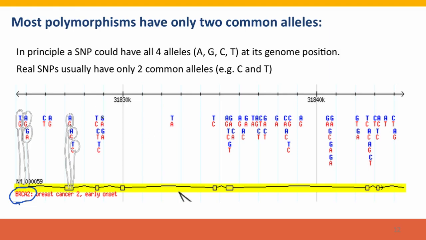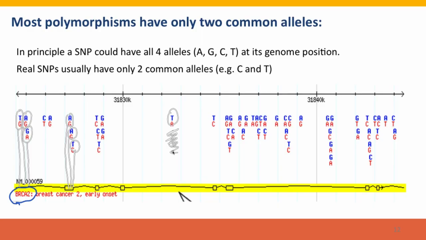Here are 5 SNPs in this exon. Here's 1 SNP in the middle of the intron. And you can see that there are lots of SNPs, both in introns and in exons, and that there are always only 2 alleles that are common. There may be rare individuals who might have a C or a G, but they're sufficiently rare that they don't count as polymorphisms, and they're not normally considered.